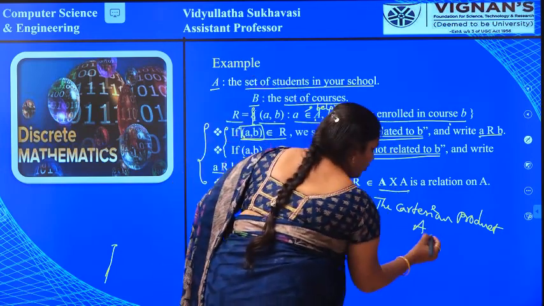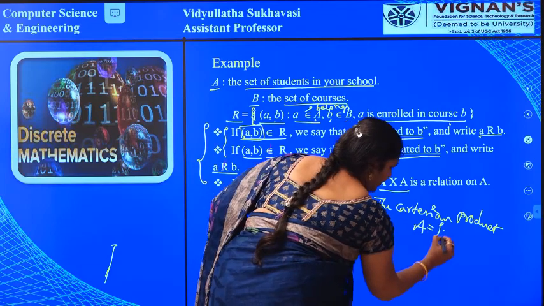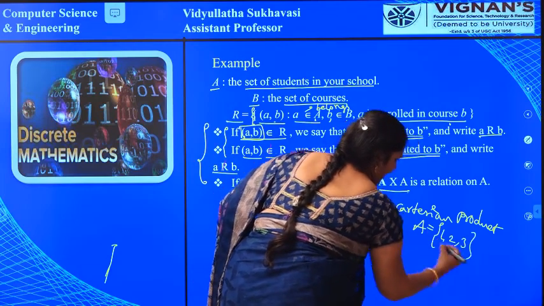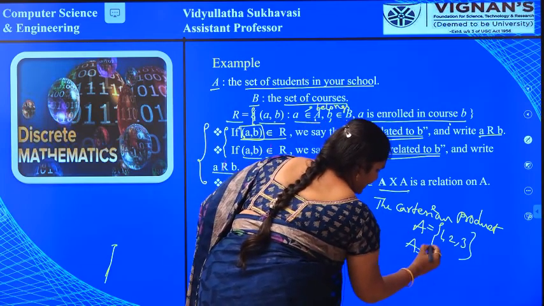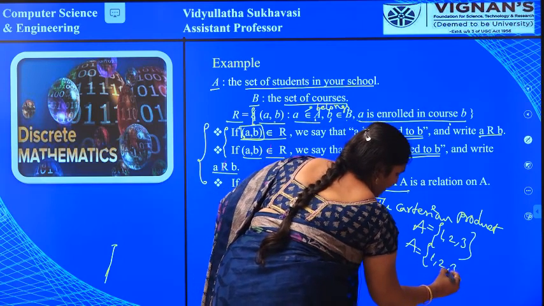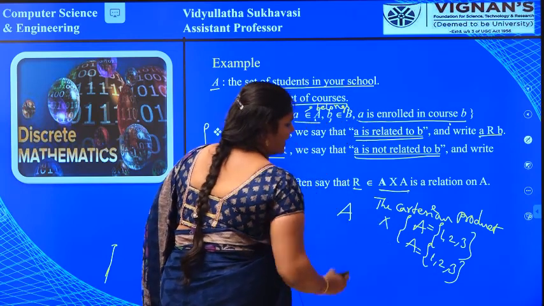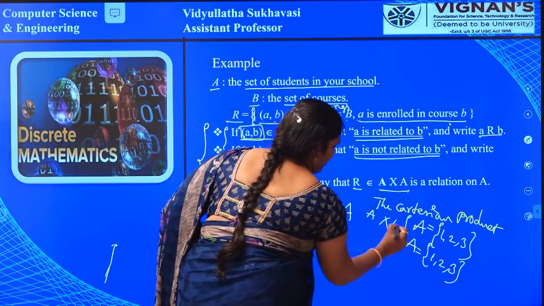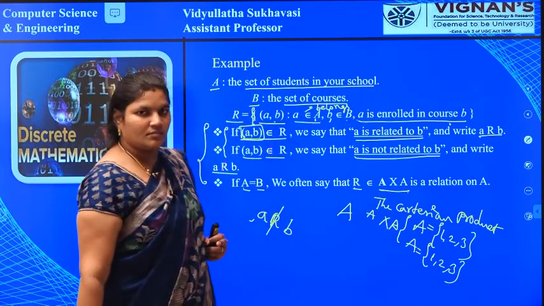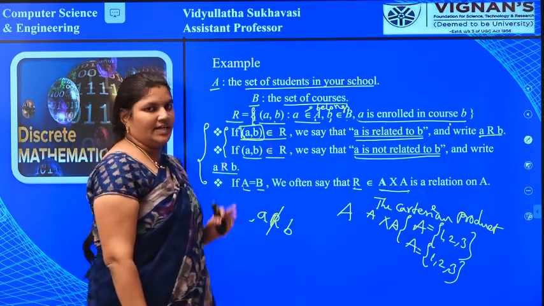Suppose A equal to {1, 2, 3} is the set. Again we take the set A equal to {1, 2, 3}, and between these two sets we build the Cartesian product, that is A cross A. So here we have seen three conditions.